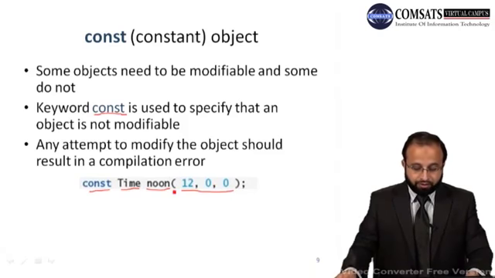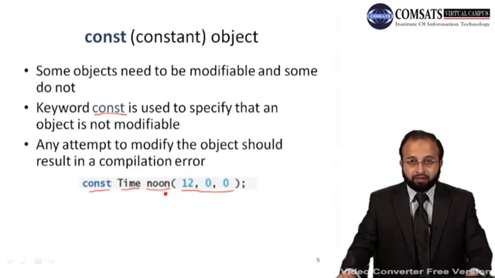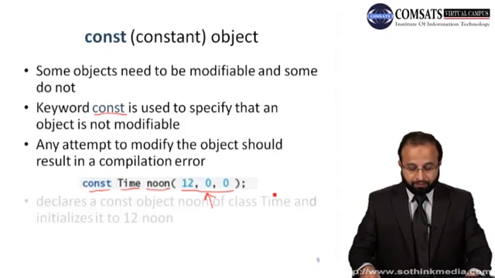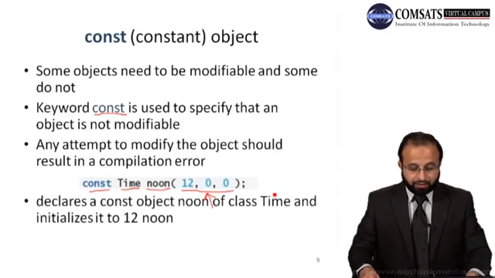Here we declare an object noon of the class time, and at the creation time of the object we have to assign it some values. Further onward in the program, it is not possible to change the value of the noon object. So this declares a constant object noon of the class time and initializes it to 12 noon: 12 hours, 0 minutes and 0 seconds.